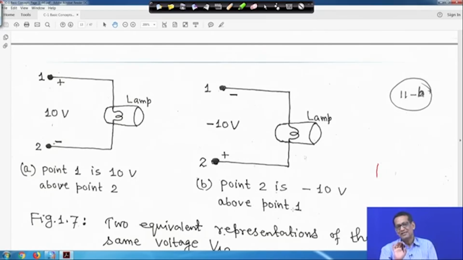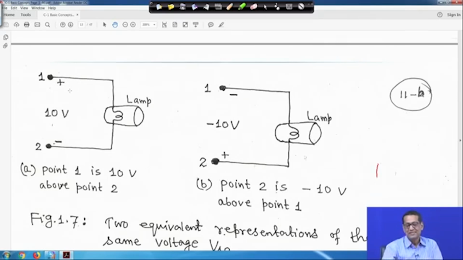So, whenever you talk like this, you take plus as your reference point, right. If it is given like this, that means point 1, the plus terminal, is 10 volt above point 2, and here, it is minus 10 volt, that means point 2 is minus 10 volt above point 1. Understandable, right. You take the plus terminal as your reference point.